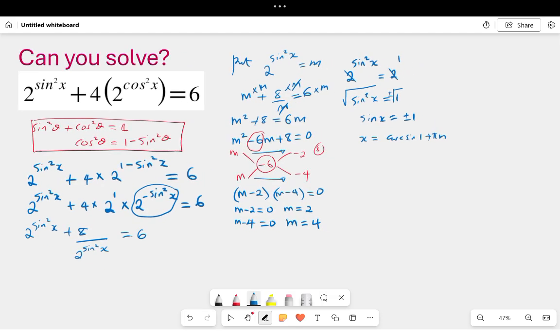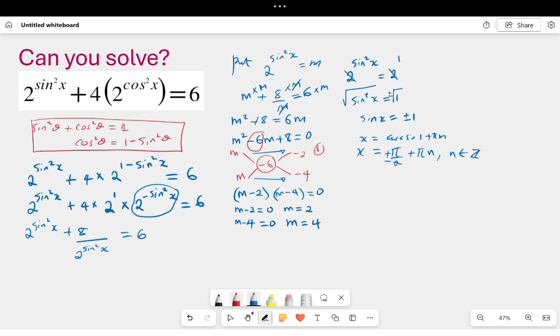The arcsine of 1 is pi over 2, it's 90 degrees. So x will be equal to pi over 2 plus pi n. And the next answer, when it is negative 1, is negative pi over 2. So we can simply say it is plus or minus pi over 2. That is the first solution for x, whereby n refers to all the integers.